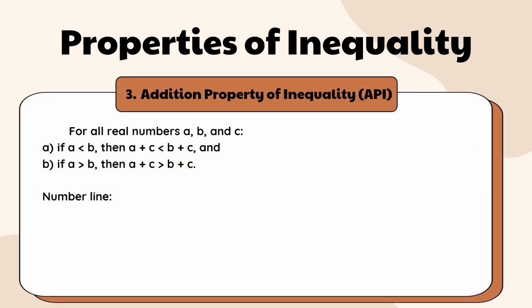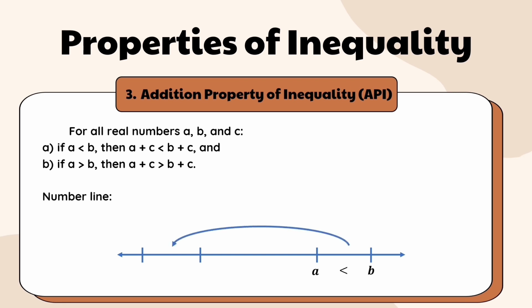So another example, A is less than B, and we have added negative 2 to both sides of the inequality.